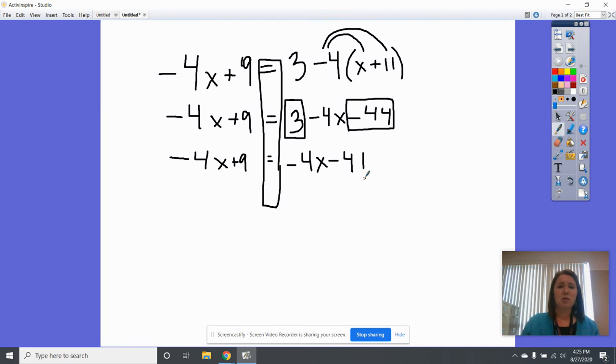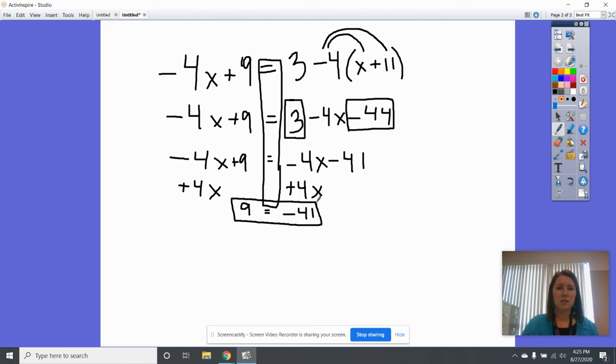We can choose to either look at the numbers next or the x's. I always look at the x's next. So I'm going to add 4x to both sides. And -4x plus 4x is 0, so that's gone. The only thing left is 9. And on the other side, -4x plus 4x is nothing, so that's gone. The only thing left is a -41. Well, you'll notice that there's no variable left.